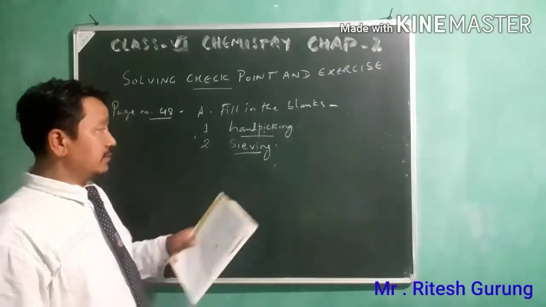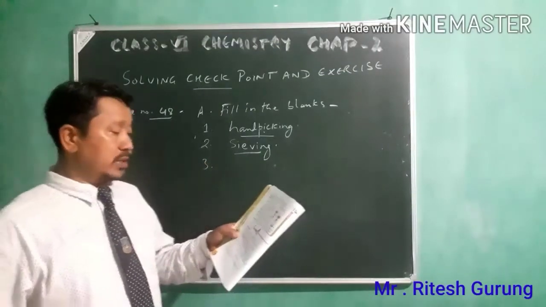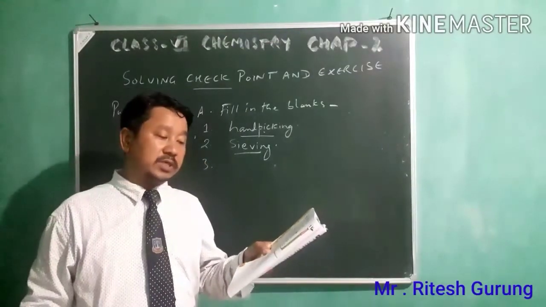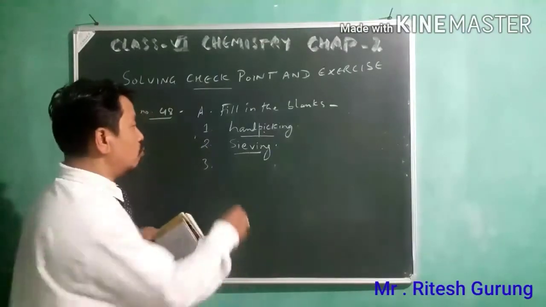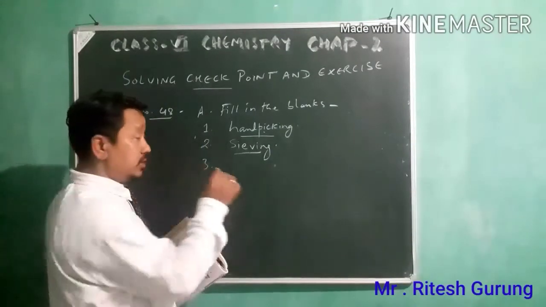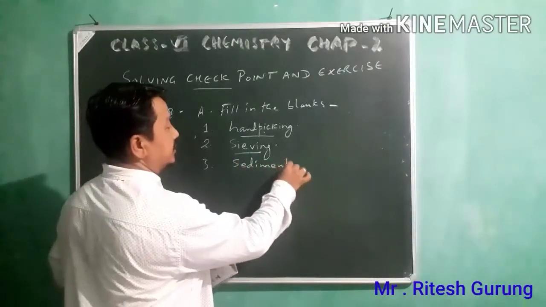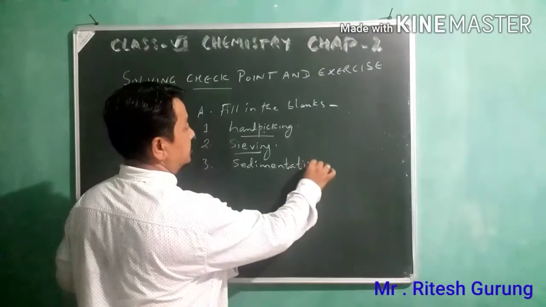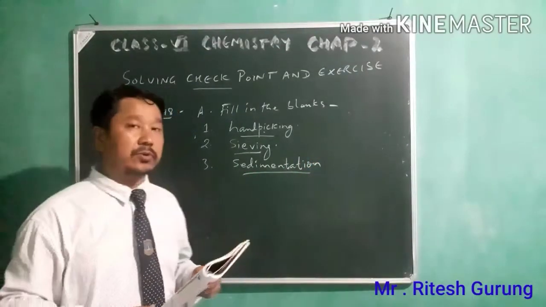Sieving. Number 3, the method used to settle down the suspended particles in muddy water is called what? So it is sedimentation. Sedimentation. You try to write the answer on your own first.